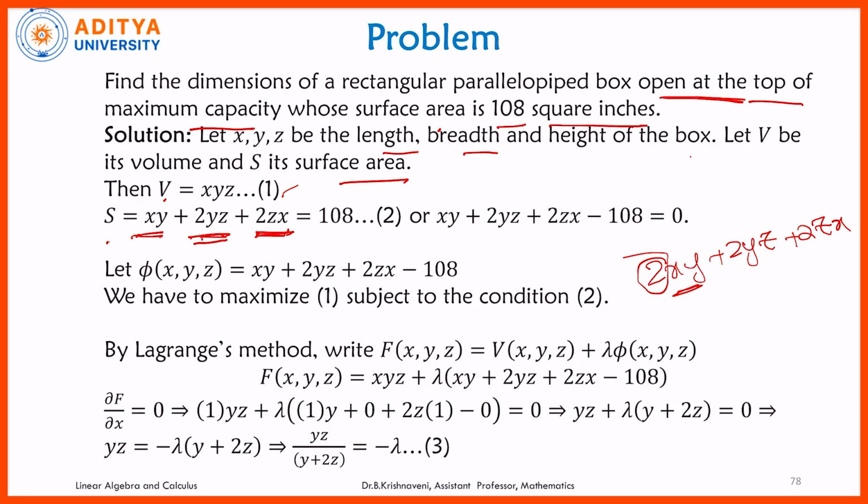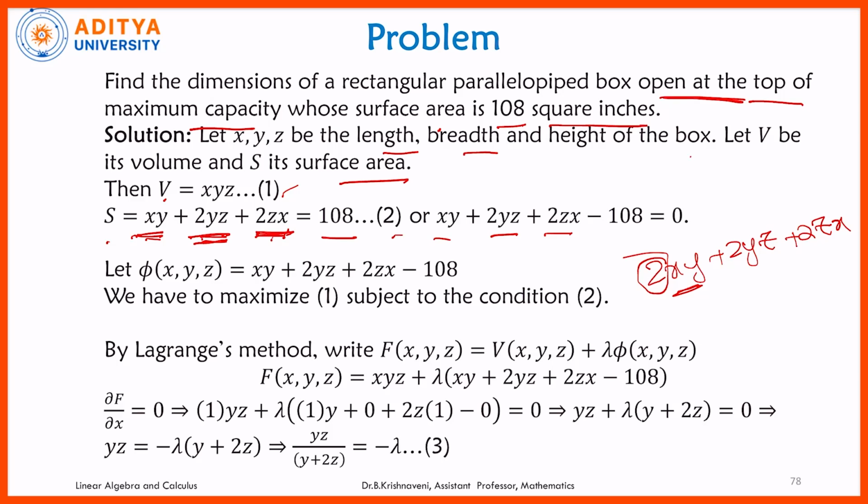That means if you take the perfect rectangular parallelepiped box, it will contain 6 surfaces. But here we have only 5 because the box is open at the top. So the surface area is given by xy plus 2yz plus 2zx and is given as 108. Let it be equation number 3. So hence we can write the equation as xy plus 2yz plus 2zx minus 108 is equal to 0.